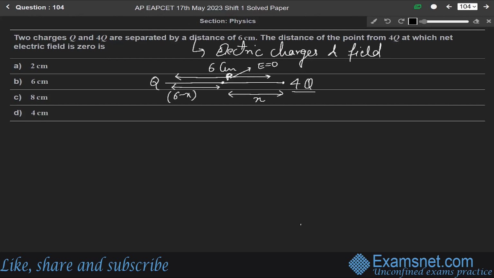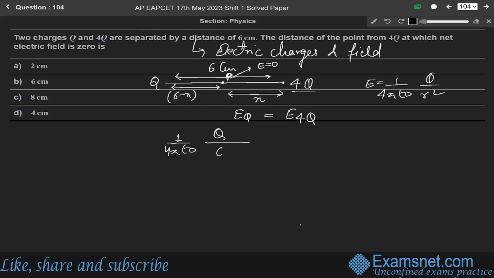Since we have to find this point P, we write the electric field at point P due to charge Q equal to the electric field due to charge 4Q. We know the formula for electric field is 1 over 4 pi epsilon naught q over r square.